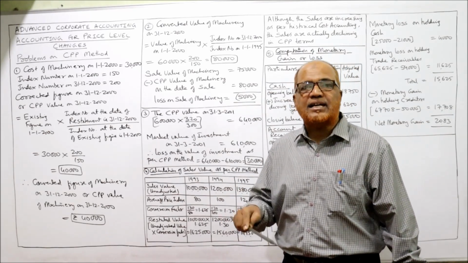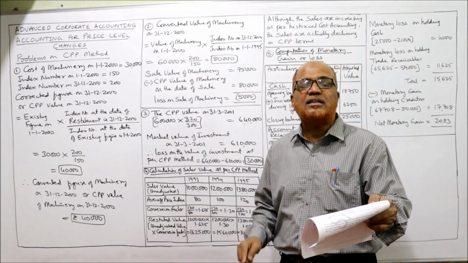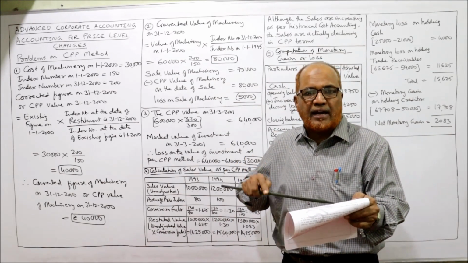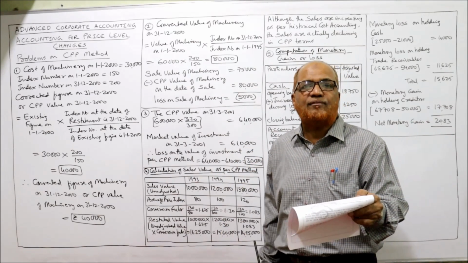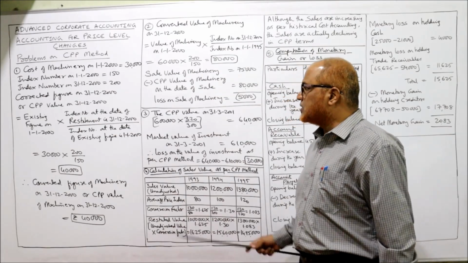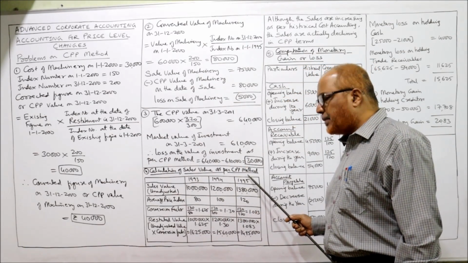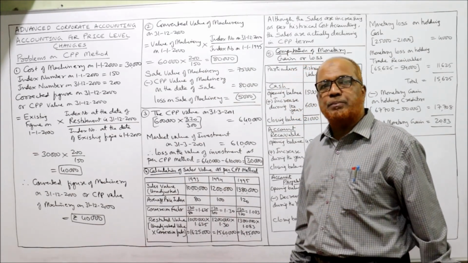So we have to restate, we have to convert the sales in terms of the 1995 index. We have to convert all the sales of 93, 94, 95 in terms of the index of 1995. So in calculating the sales value as per the CPP method, we are converting the historical sales into CPP sales.